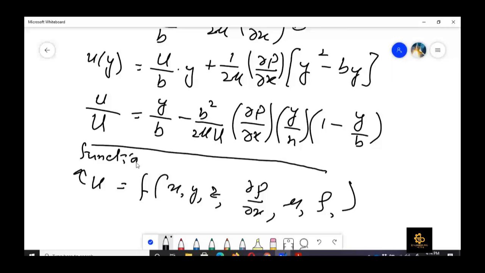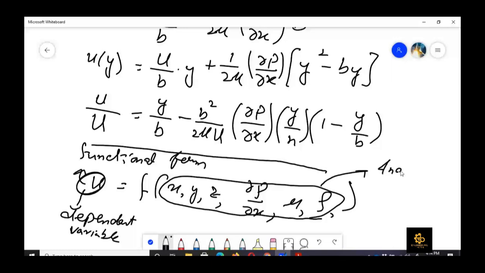Functional form means that the dependent variable for which we want to conduct the experiment is written on the left hand side, and all the independent variables are written on the right hand side. So velocity is a function of x, y, z coordinates, pressure gradient, viscosity, density, surface roughness, and what not. So we have about 10 parameters there.